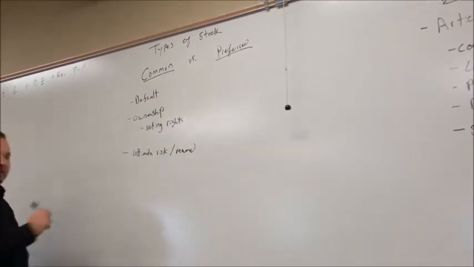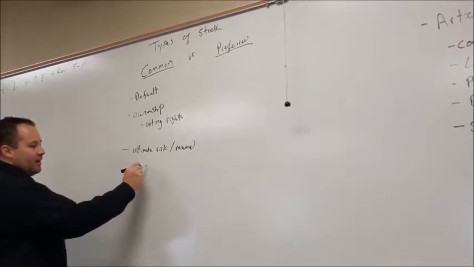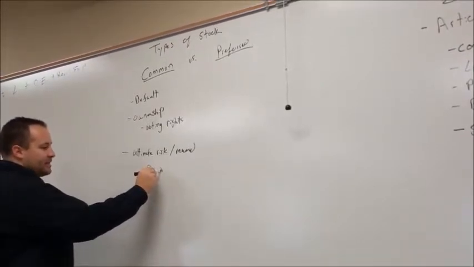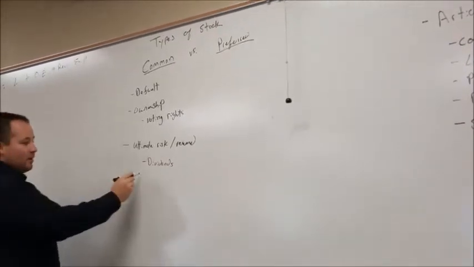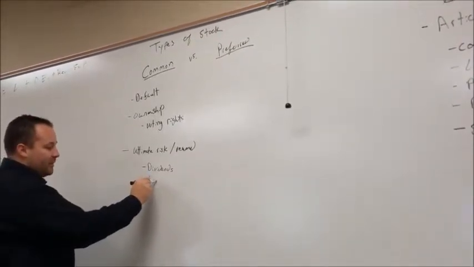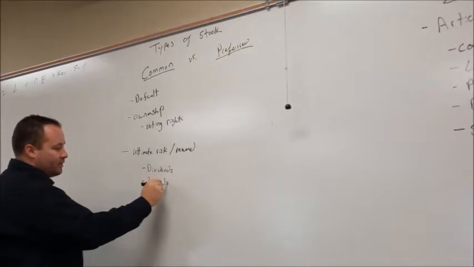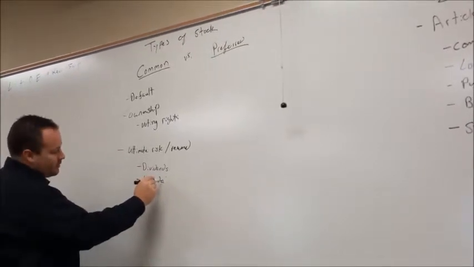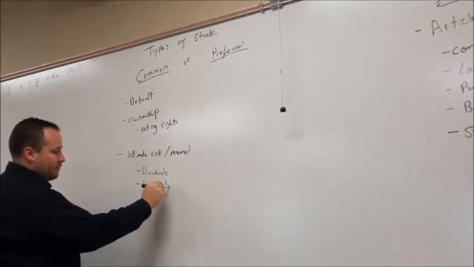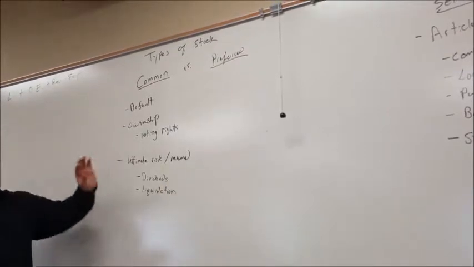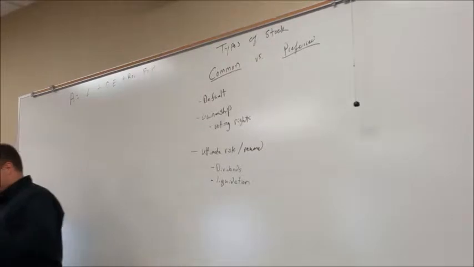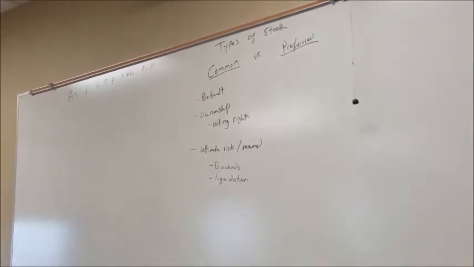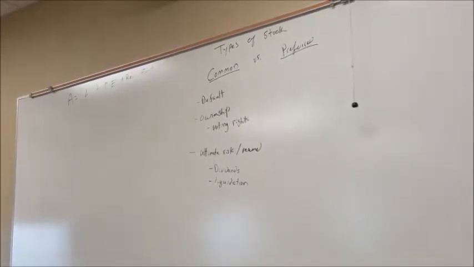Ultimate risk and reward, and usually that's based on dividends that are issued, the dividends being received, or liquidation of the company. If the company ever has to go bankrupt, if there's a lot of the company to give out, the common stockholders will usually come out ahead. But the other way, the preferred, if it's not so much.